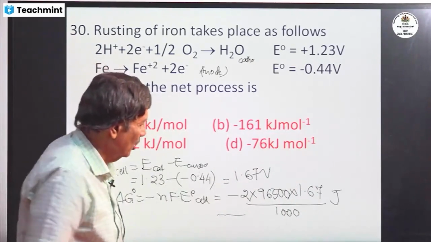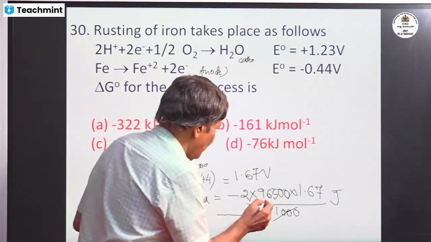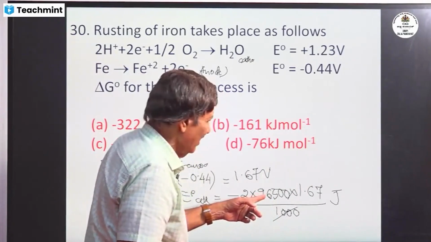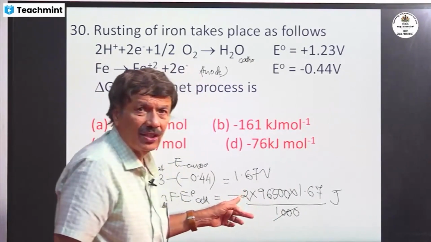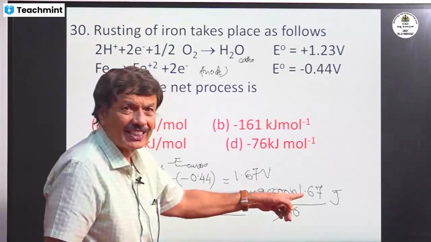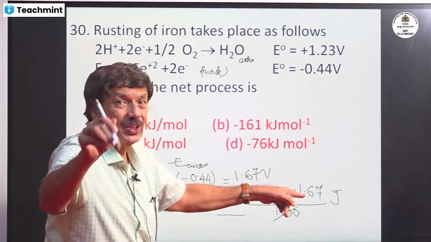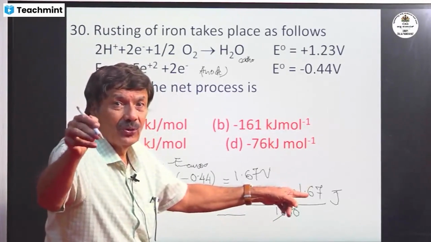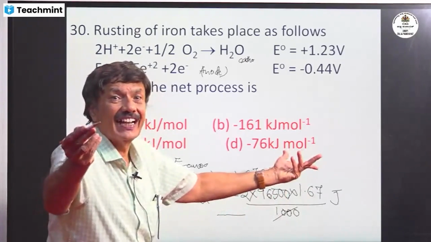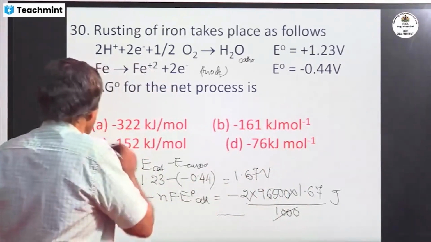What will you do? 1000 gone, here you put a point. You take it as 100, 100 into 2, 200. 200 into 1.67. If it were 1.5, it would have been 300. 1.67 is a little more than 300, but with minus sign.